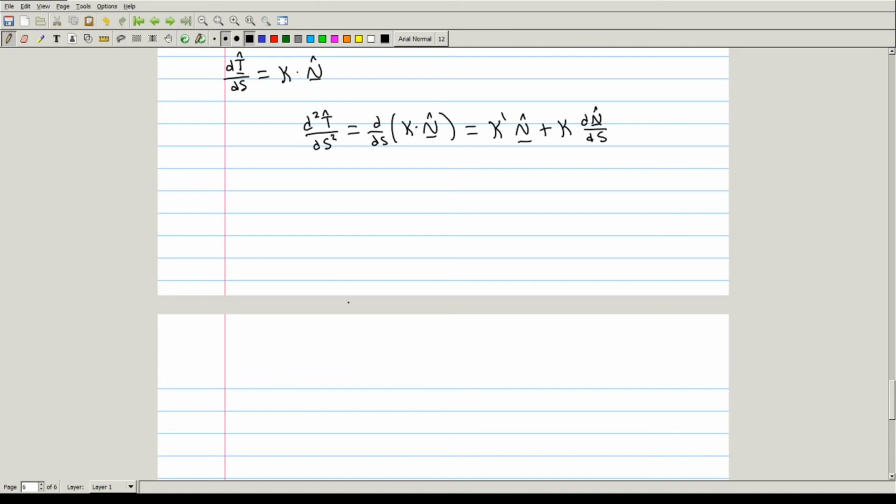And we can go through and actually simplify this a little bit more, because remember from the second Frenet-Serret formula, this expression right here is equal to kappa prime n hat plus kappa times the derivative of n hat, which from the second Frenet-Serret formula will be negative kappa times t hat minus tau times b hat.